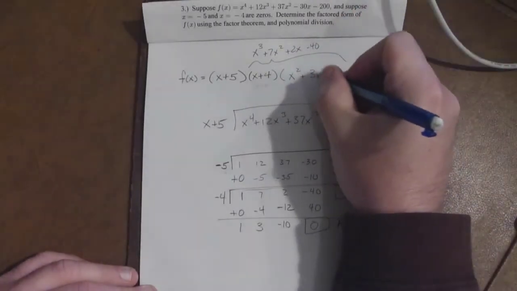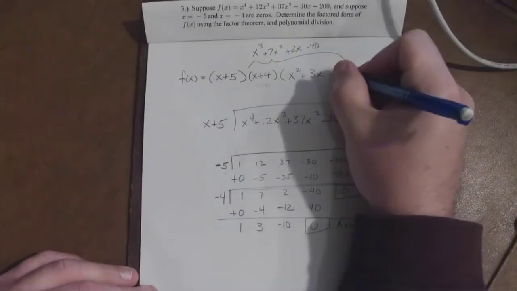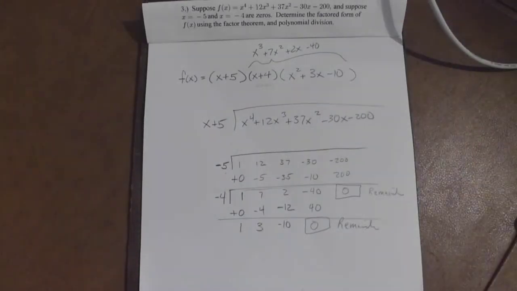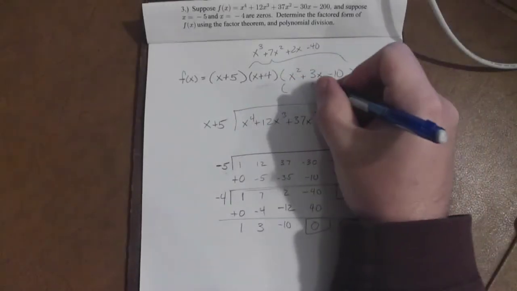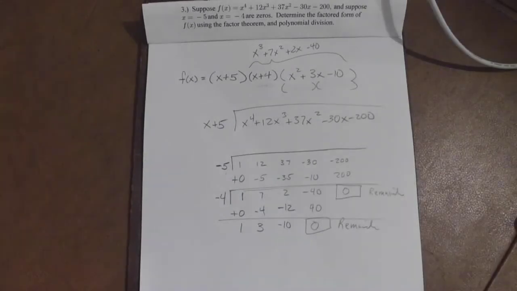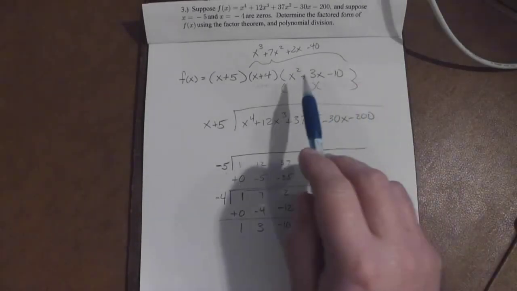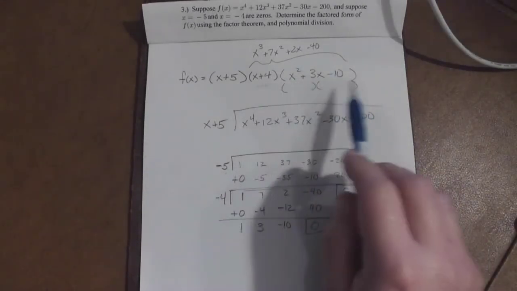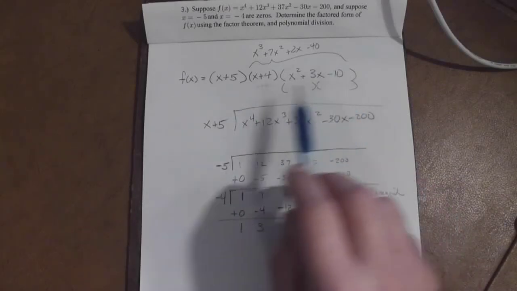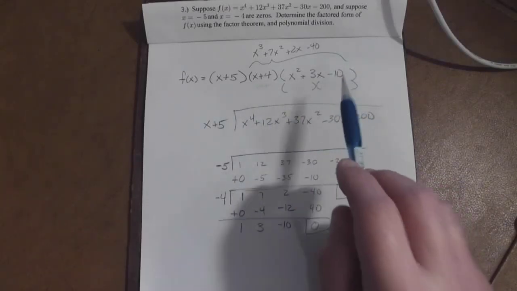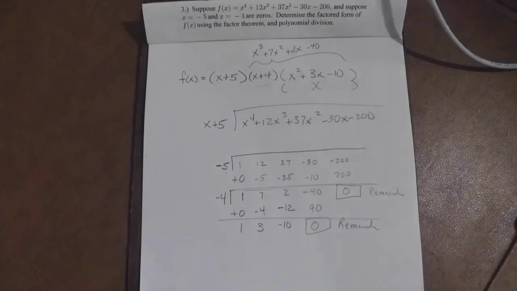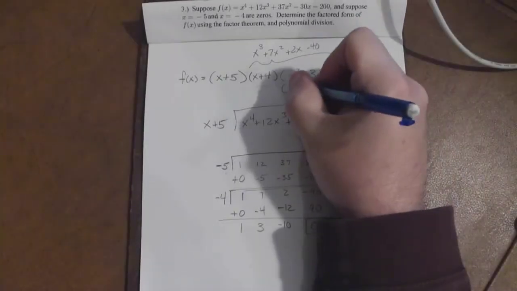That would be x squared plus 3 times x minus 10. So there is the beginnings of our factored form. To finish now, what we do want to note is, can this quantity be factored any further? At this point, we've obtained a quadratic, and we can rely on quadratic methods to finish our factoring.